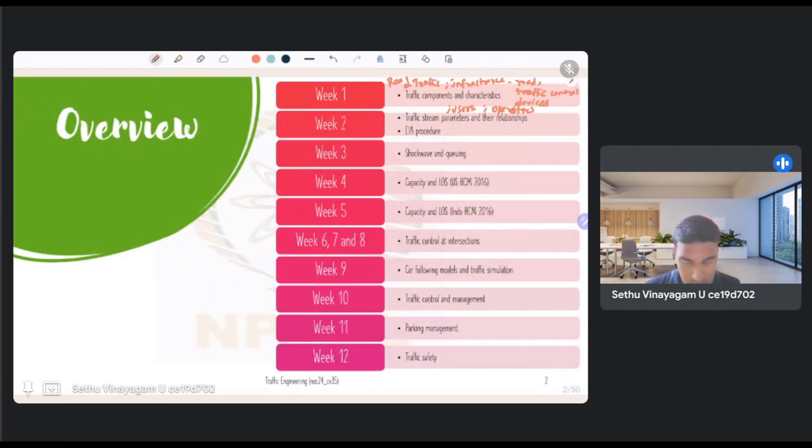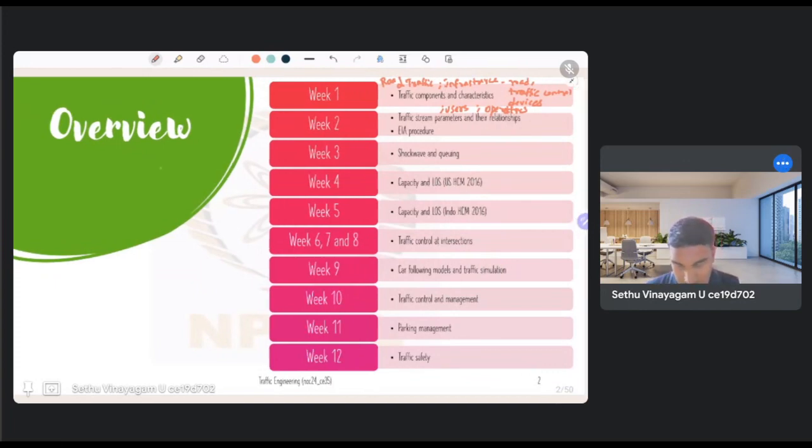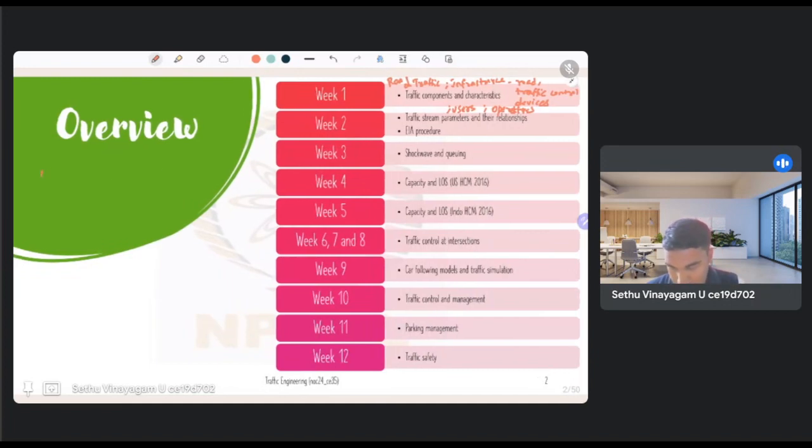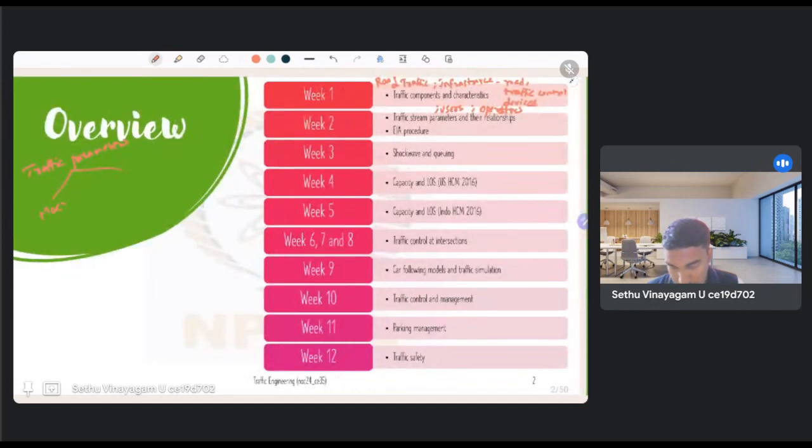In the second week we were looking at traffic stream parameters and the basic relationships between them. When it comes to traffic stream parameters, there are two major categories: one is macroscopic parameters, the other is microscopic parameters.